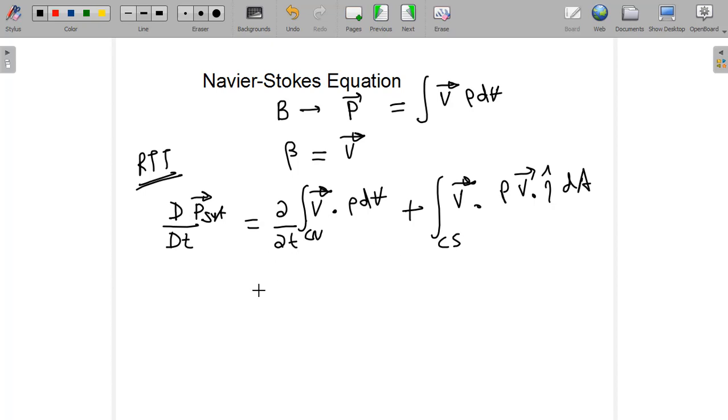Now what you can do is write it in a single integral, if you convert the surface integral into the volume integral.